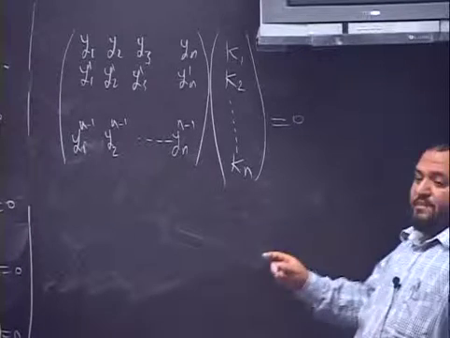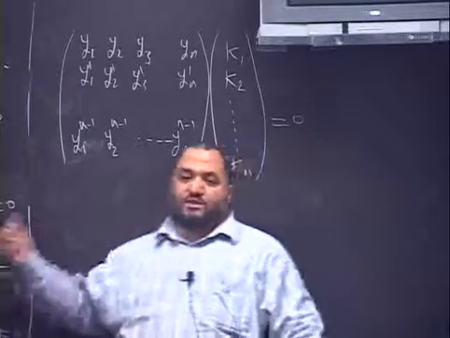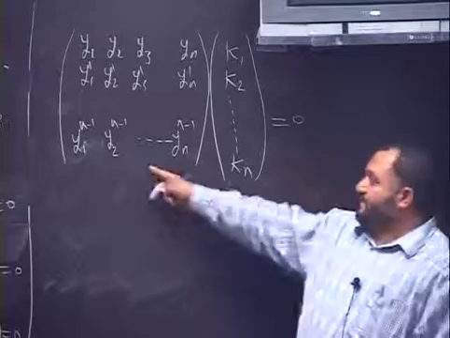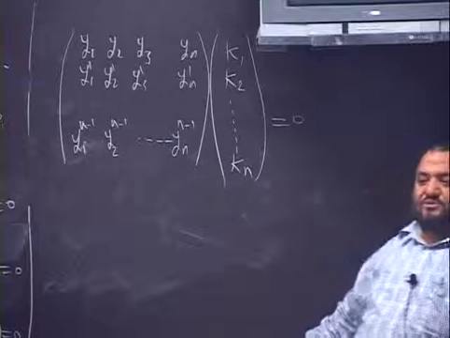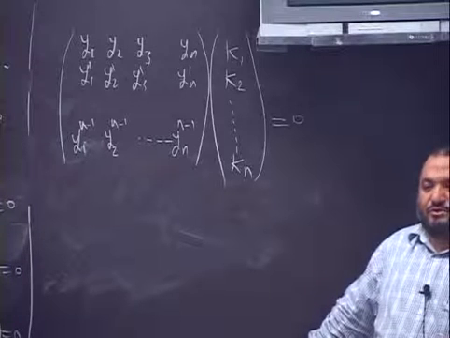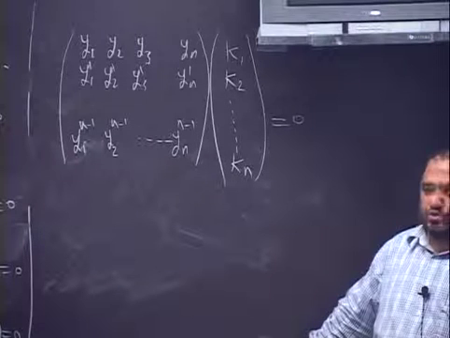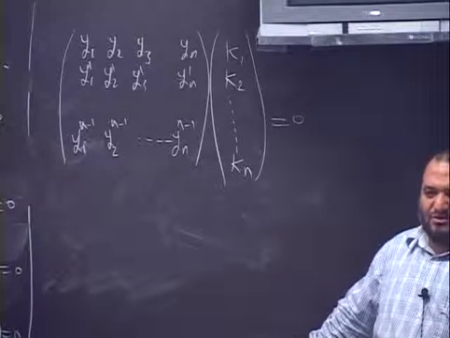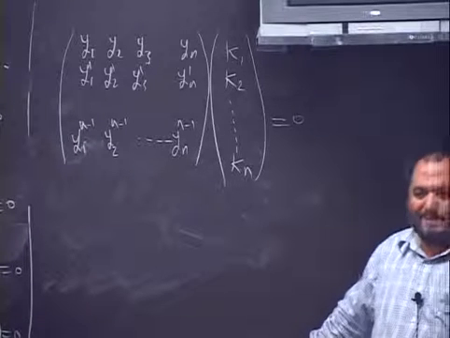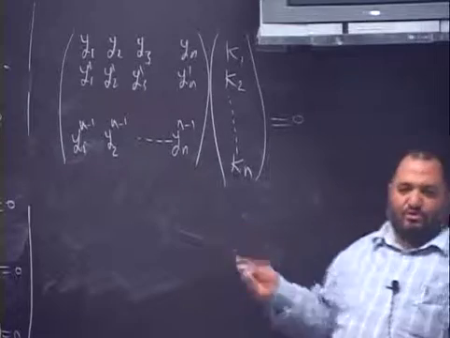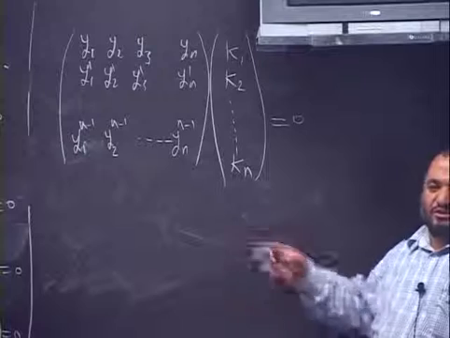So we knew from solving a set of algebraic equations using matrices that you have a matrix A multiplied by a vector K, and this is a homogeneous equation. So how many kinds of solutions do you have? Either you have only the trivial solution, which is 0, or infinitely many solutions depending on each other.